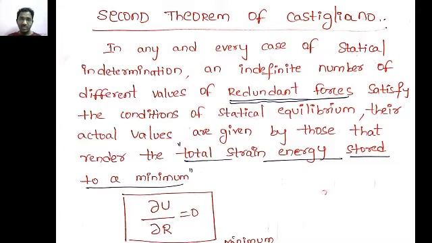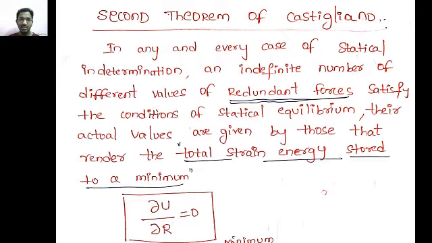In differentiation, we want to find minimum and maximum values. What is the procedure? Just differentiate the expression and set it equal to 0. Then you can get the minimum and maximum values. That is the procedure. In the same way here also, the strain energy stored must be a minimum. I am underlining this sentence: the strain energy stored must be a minimum. That's why the expression must be equal to 0.